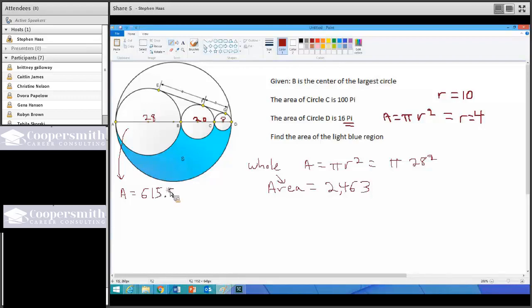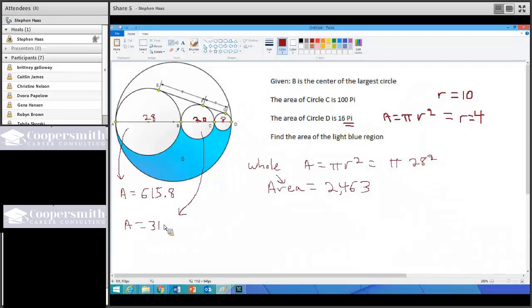Okay. What's the area of the C circle? Well, what's the radius? Radius 10. So it's 100 times pi. Well, we already told it was 100 times pi. So good.